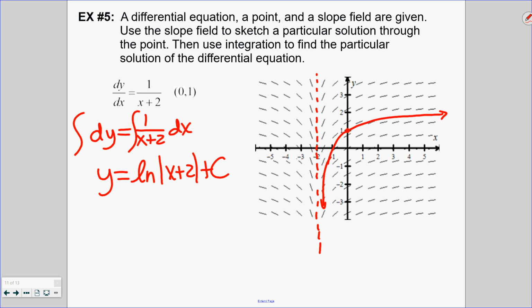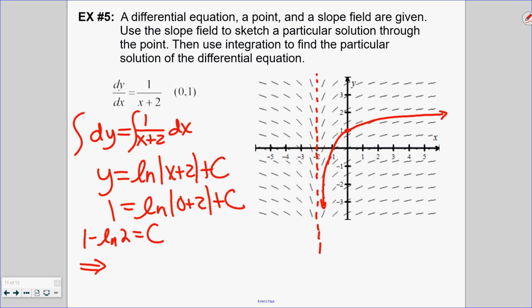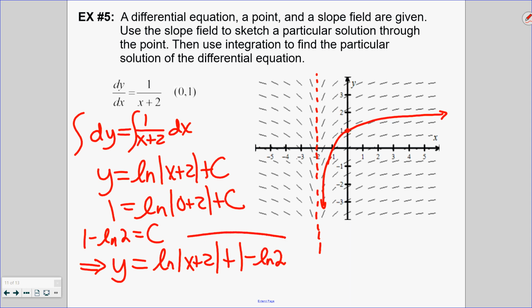If I plug in (0, 1), so I plug in 1 for y and 0 for x, I can solve for C. I get that 1 minus ln of 2 is going to equal C. So the function I'm actually looking for is y equals ln of the absolute value of x plus 2, plus the constant, which is 1 minus ln of 2. And that's the actual solution that you have.